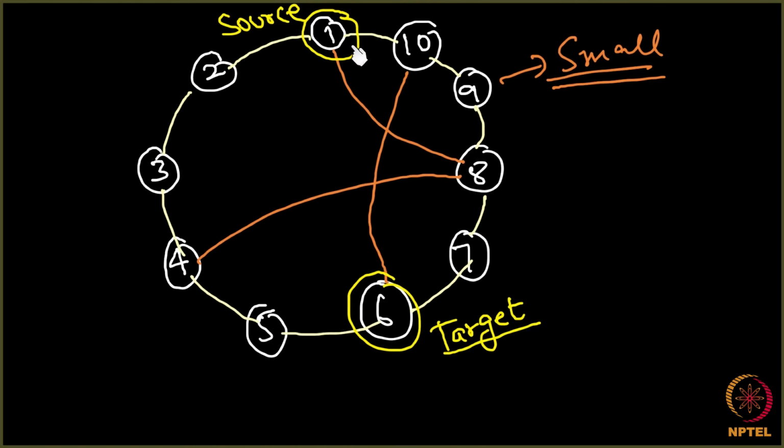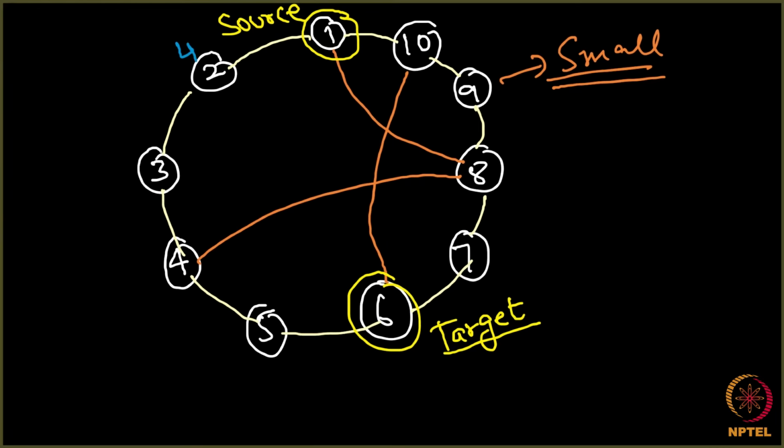So node 1 here knows that he can pass on the letter to node 10, node 8, or node 2. And then he calculates the distance. For node 2, what is the distance from the target? It is 1, 2, 3 and 4. So the distance of node 2 from the target is 4.